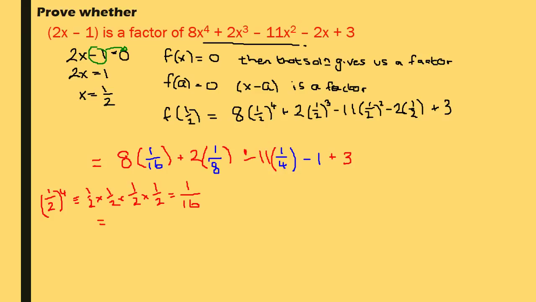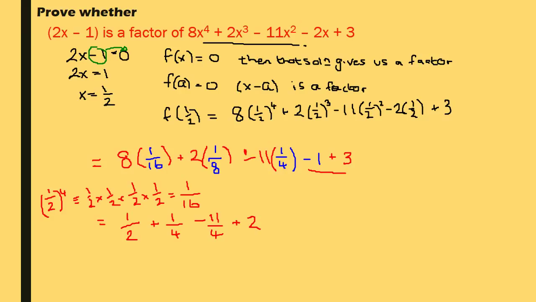So I'm going to tidy this up a little bit. 8 times 1 over 16 is 8 over 16, and 8 over 16 gives me a half. Then 2 times an eighth is 2 eighths, which simplifies down to a quarter, then we have minus 11 over 4, and then minus 1 plus 3 gives me plus 2. I'm going to group together some of these things.